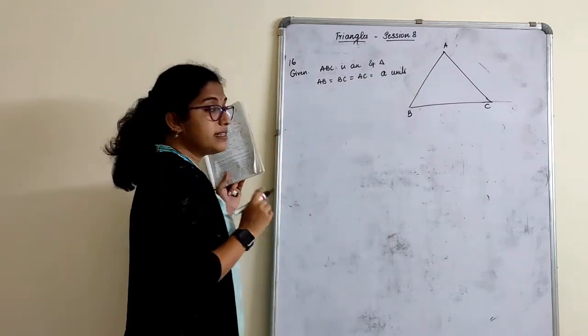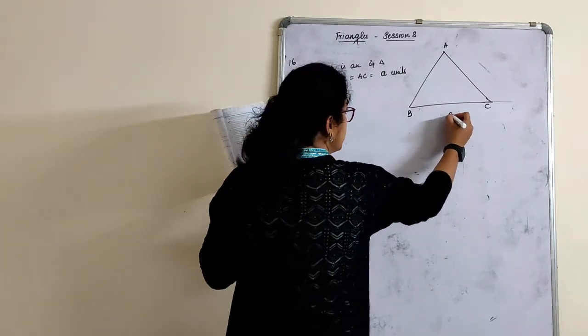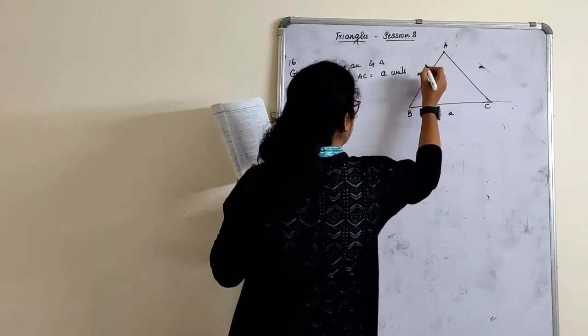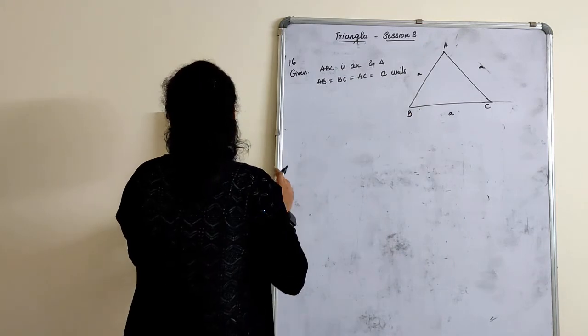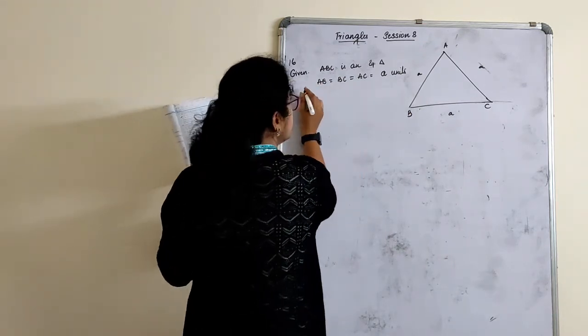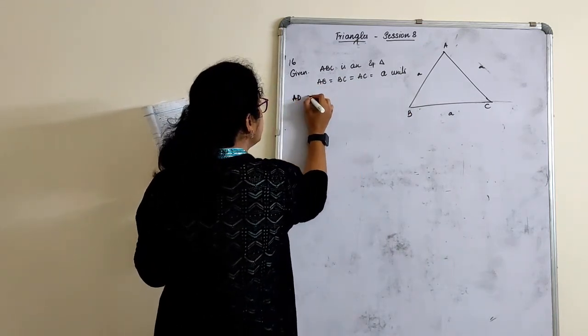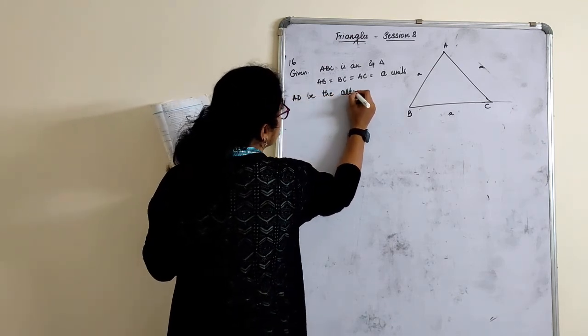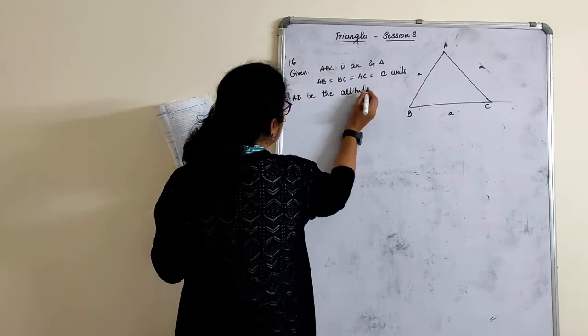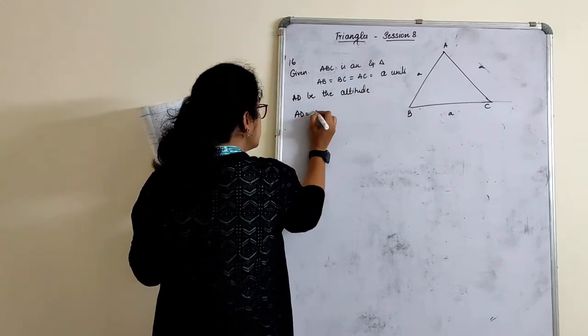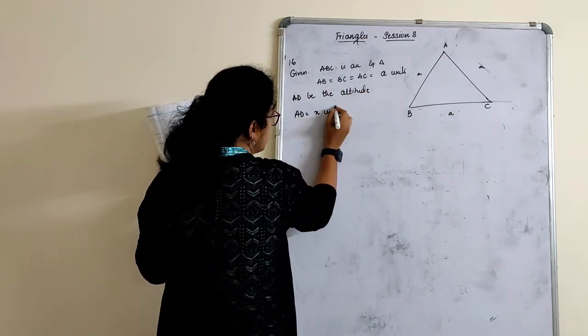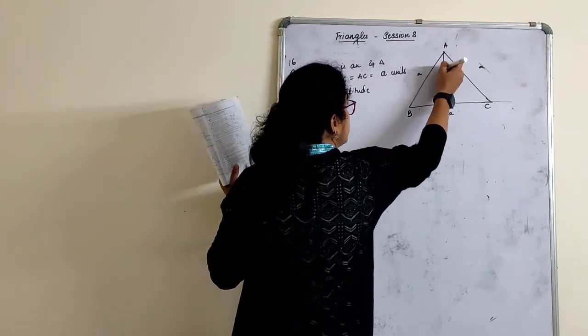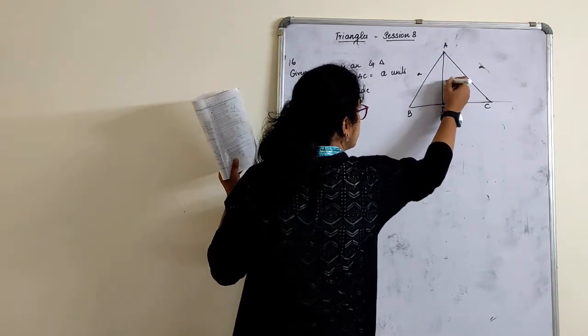We will consider each side of an equilateral triangle as a units. And let AD be the altitude. So AD is equal to x units. The measure of the altitude is x units.